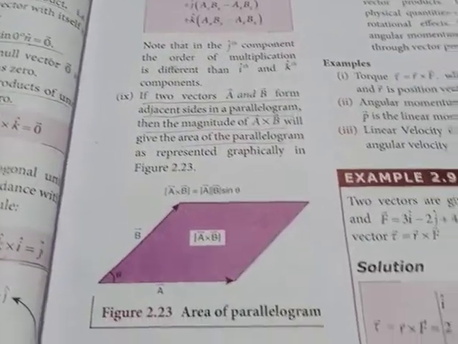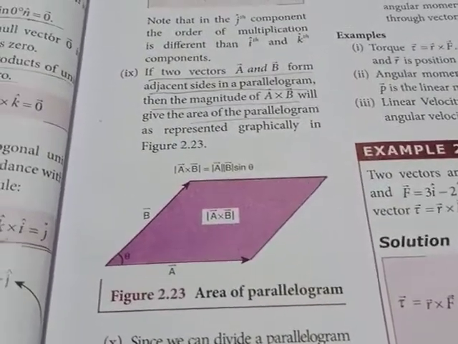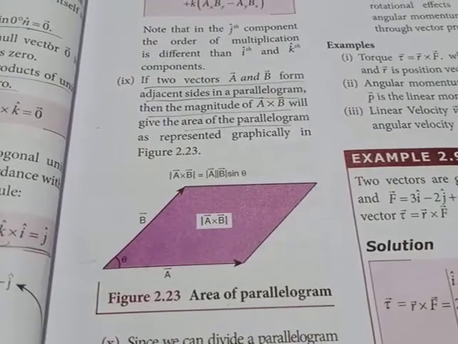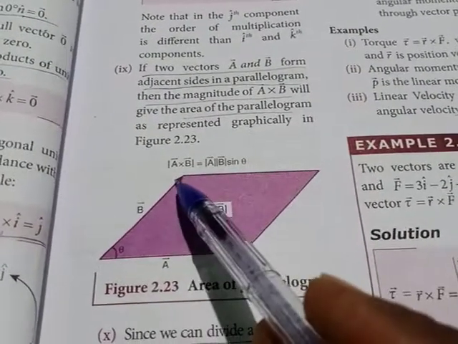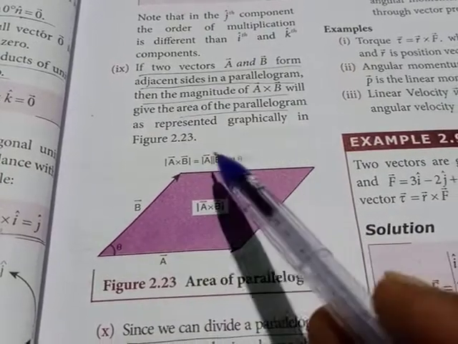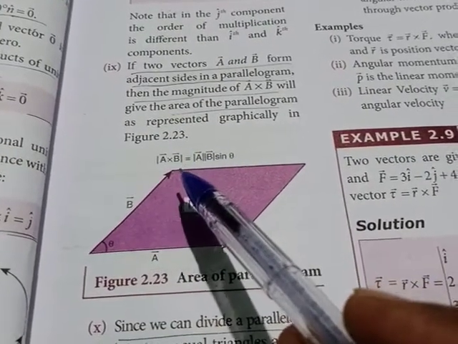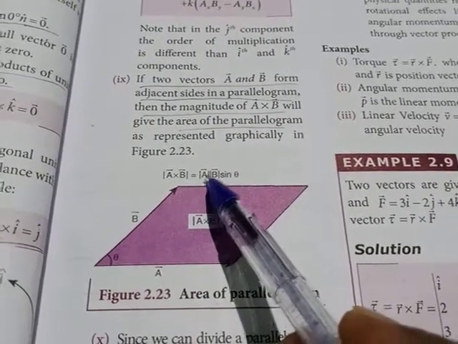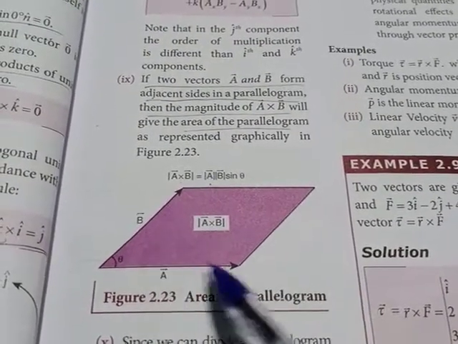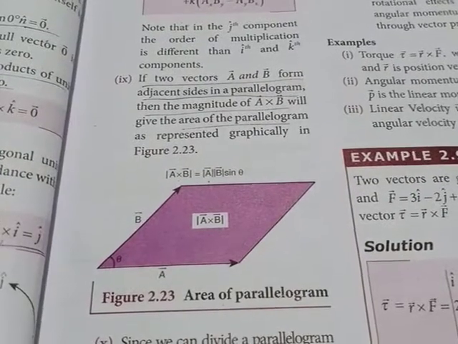That is another point. Then the ninth point is, if two vectors A and B form adjacent sides of a parallelogram, then A cross B will give the area of this given parallelogram.